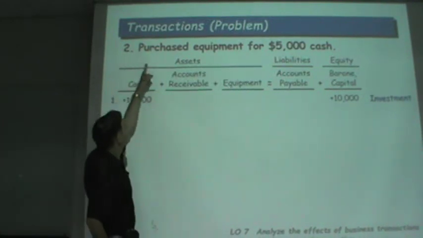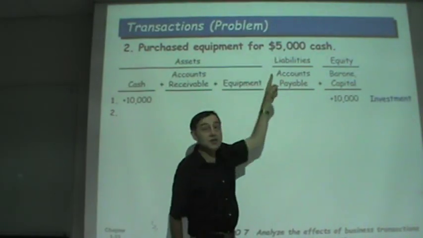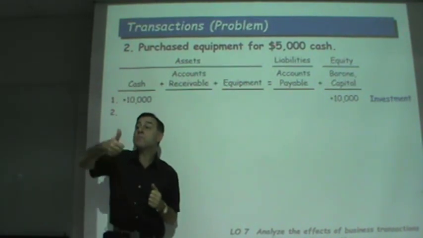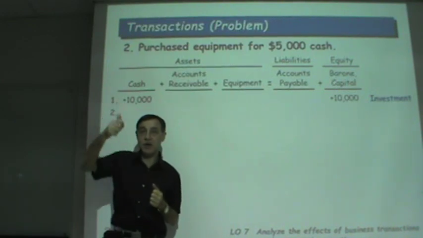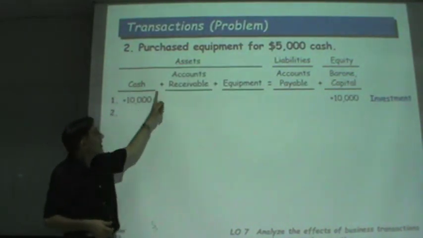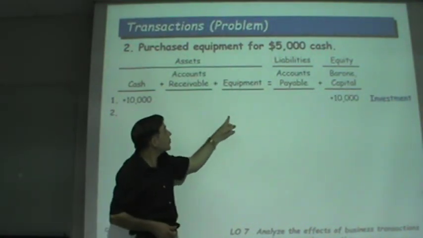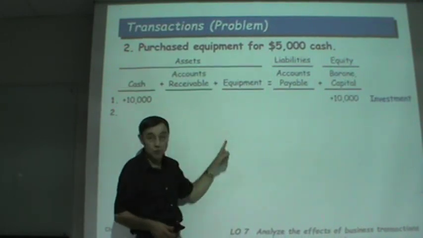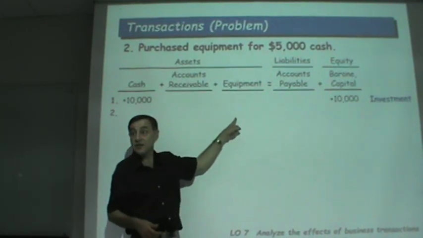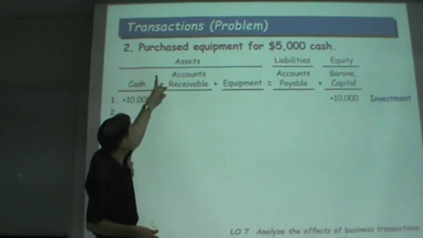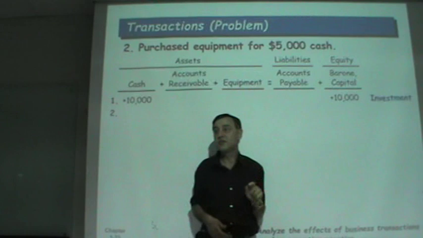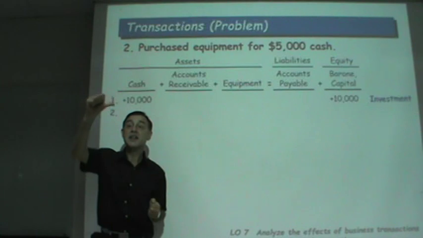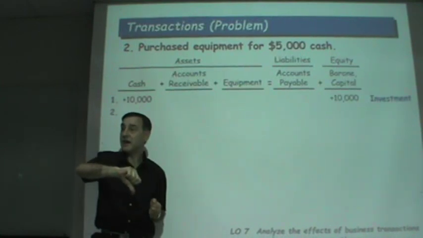Number 2, purchase equipment for 5,000 cash. So when you buy equipment, equipment goes up for 5,000. Okay? So you see cash, accounts receivable, so equipment will be plus 5,000. Equipment, we say goes up, means plus 5,000. And when you say purchased equipment for cash, 5,000, this means you spend 5,000 cash, means cash going down 5,000.